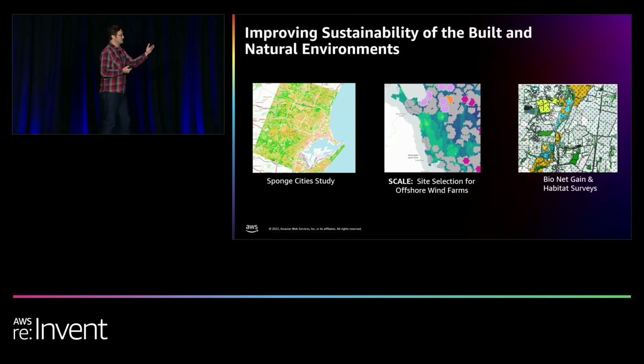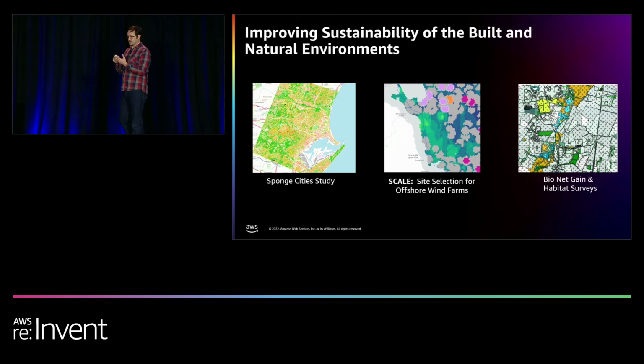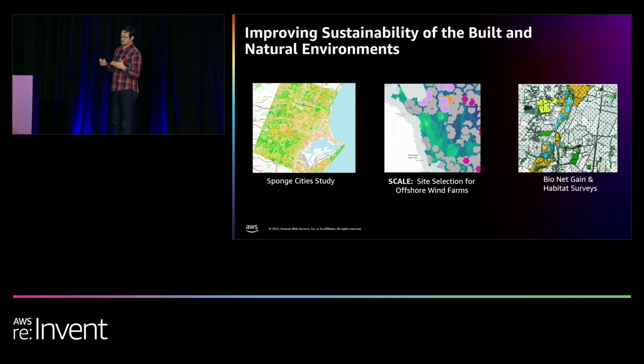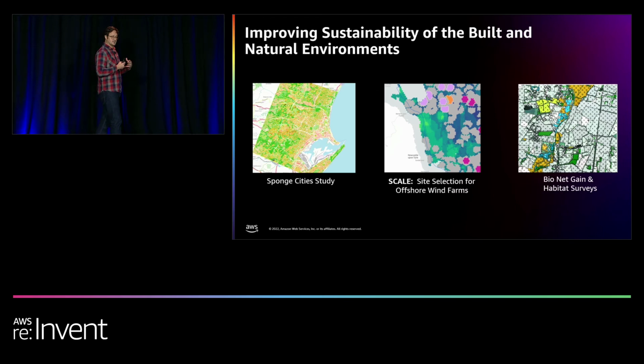And the one on the very end, biodiversity net gain and habitat surveys. More and more often, nature is the key element. Natural capital is what's being talked about globally more and more. We're able to, and have done across many major projects in the UK and globally, do a habitat survey before we can get ecologists on the ground, and understand what the biodiversity net gain could be for a project.